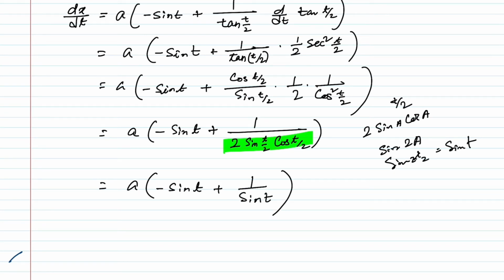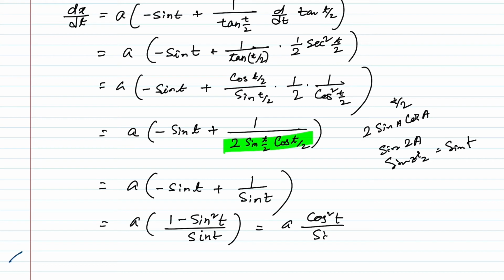Okay, so hope you have understood this. So if you take LCM, then you will get a, so 1 minus sin square t by sin t, and we know 1 minus sin square t is cos square t, so a cos square t by sin t. Okay, this is the value of dx by dt.